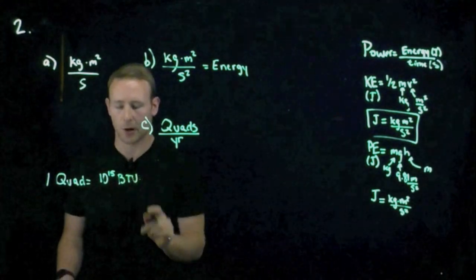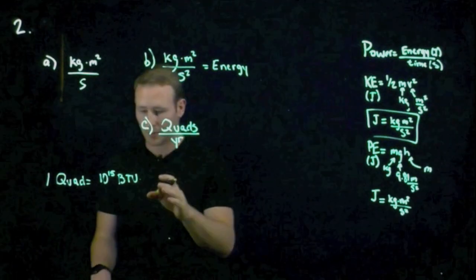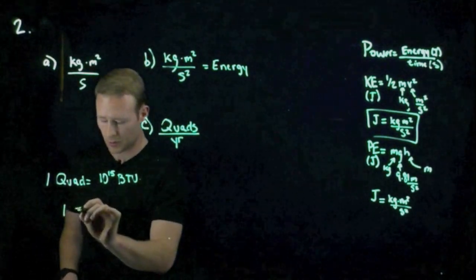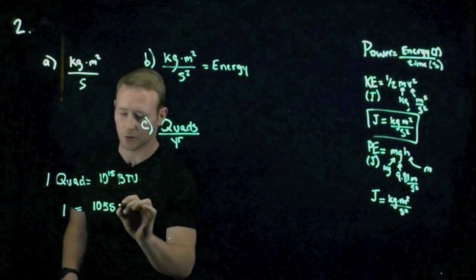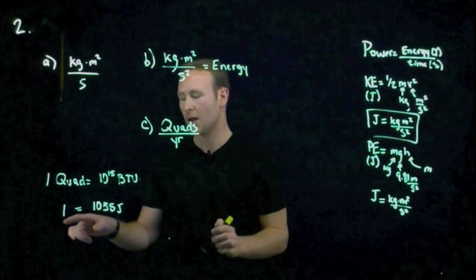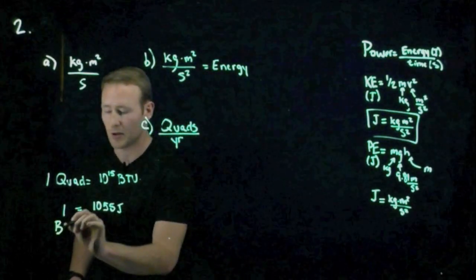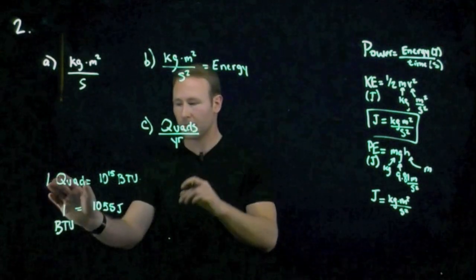This might not seem too helpful at first, but as we look even further, we see that 1 BTU is equivalent to 1,055 joules. So indirectly, quad, which is equivalent to BTU, is equivalent to joules in the end. So we can say that quad is an energy term.